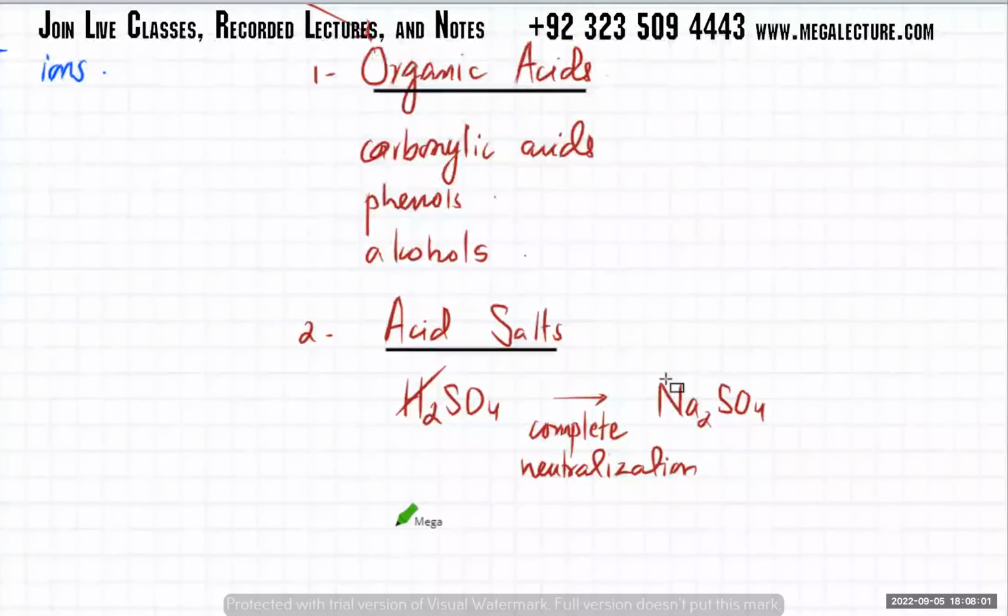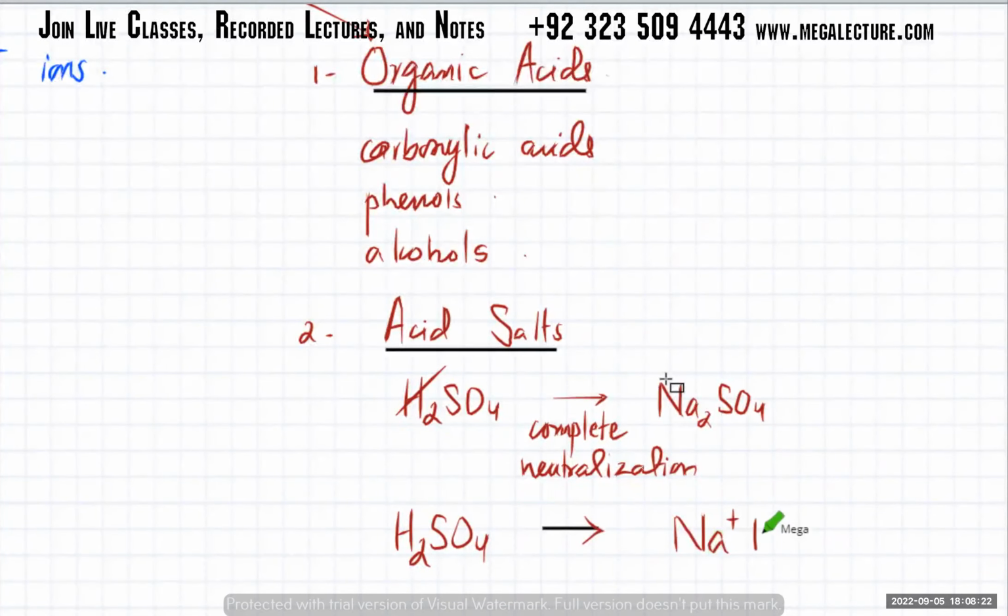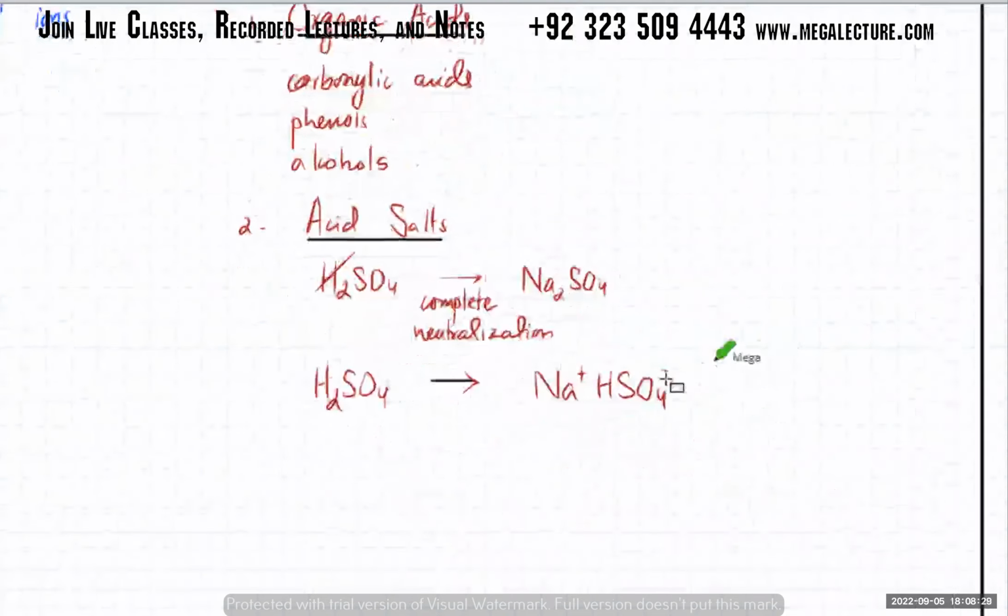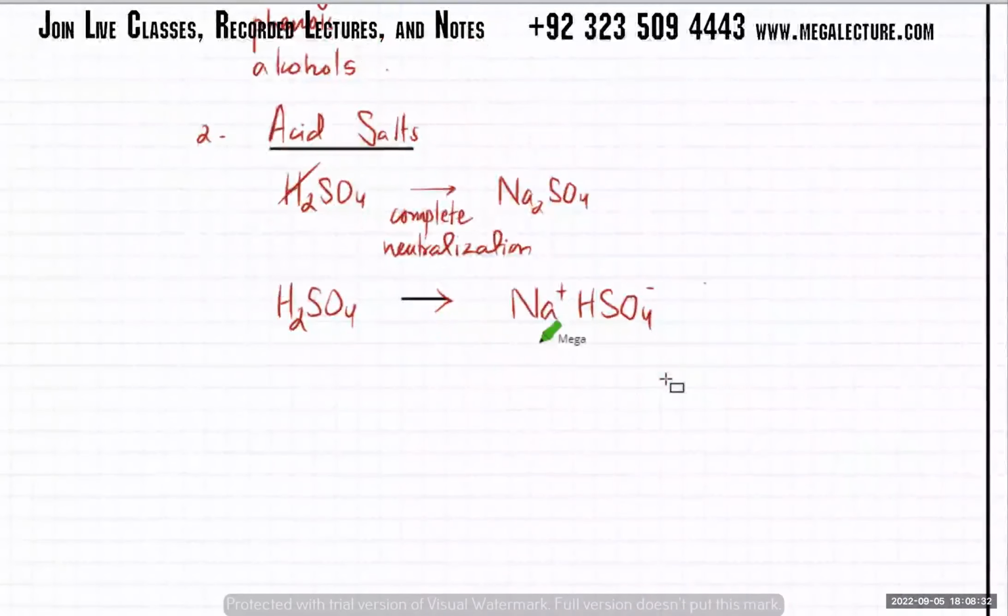Or sometimes what will happen is you'll have H2SO4, and that H2SO4 will turn, both hydrogen ions will not get replaced. Instead, only one might get replaced. The other H is still hanging in there. Okay, so that is your acid salt, because it's still capable of producing an H plus one ions.